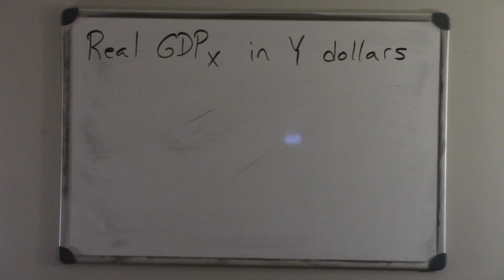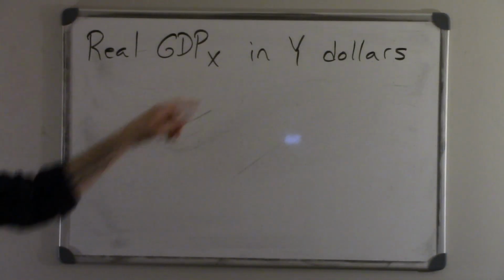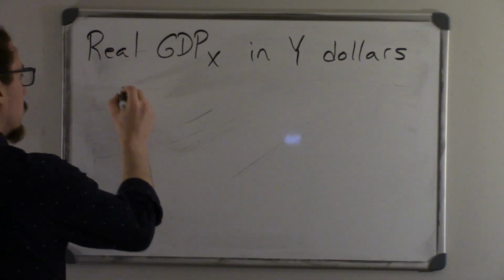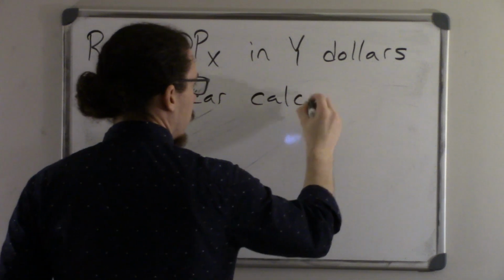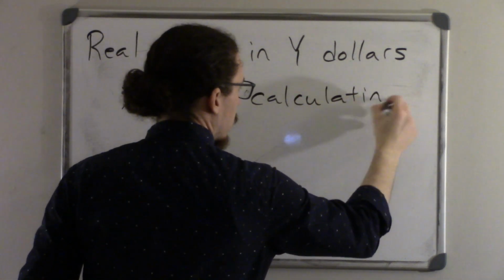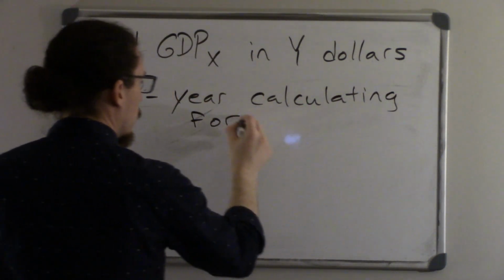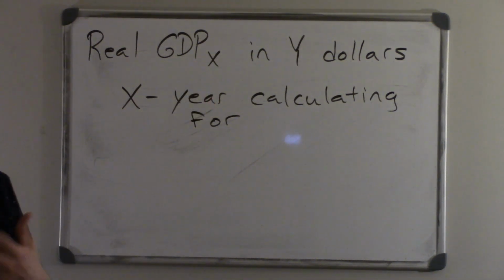We're not going to write this out most of the time, but this is essentially what we're saying. X is the year that we're calculating for. So if it was 2020, we're trying to get the real GDP for 2020.